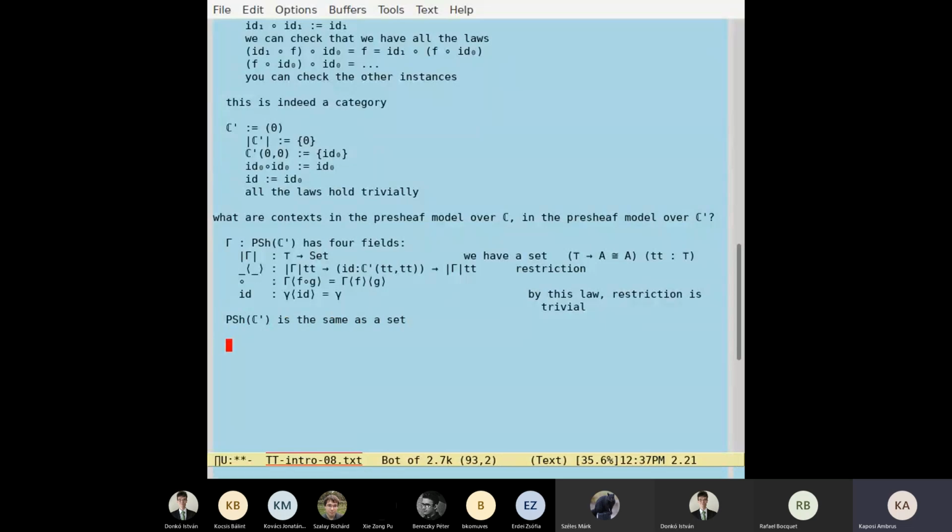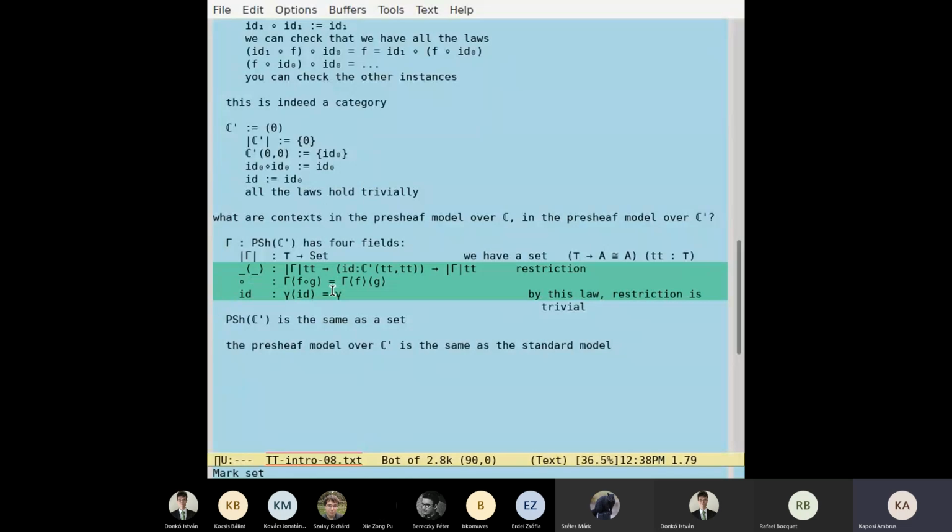And after introducing all the components of the presheaf model, you will notice that the presheaf model over C prime is the same as the standard model. You know, it's some kind of encoding of the standard model. There's always this extra unnecessary information which doesn't give you anything.